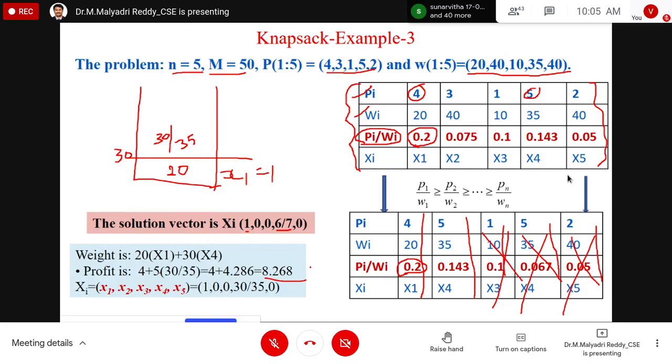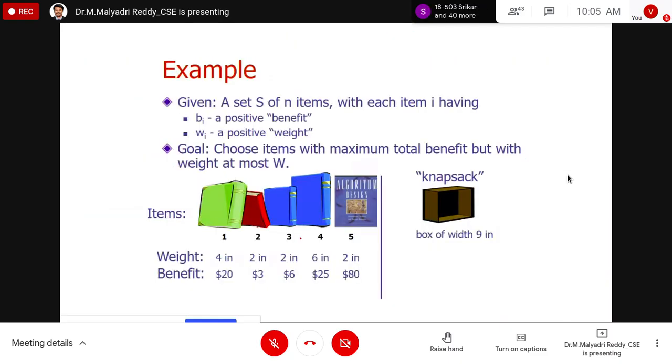This is the method. Is there any confusion? No sir, it's clear. This algorithm is also applicable for empty boxes with respect to dimensions, which is generally used in divide and conquer, that means dynamic programming.